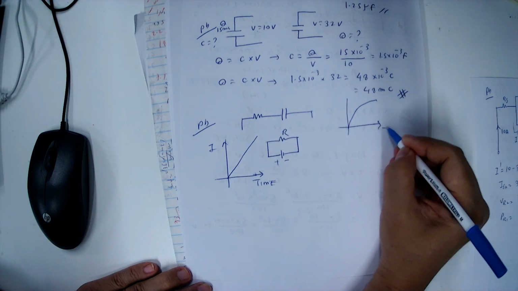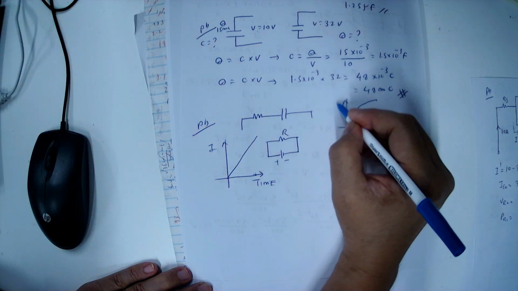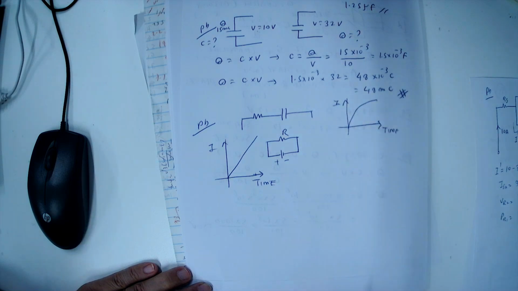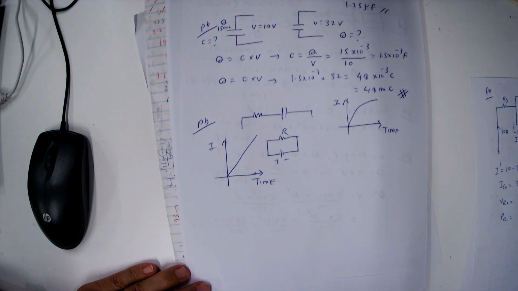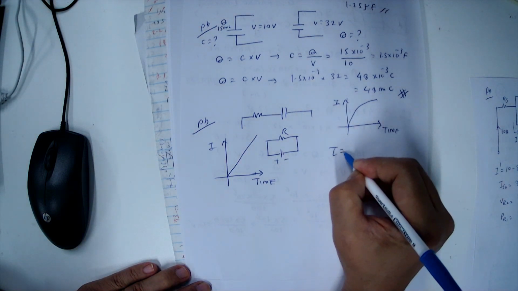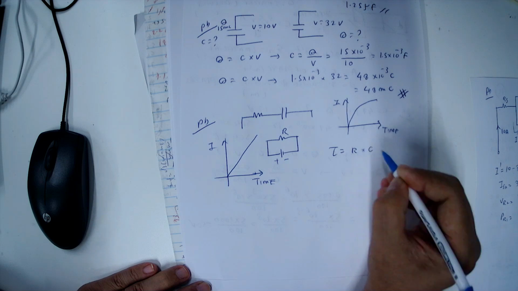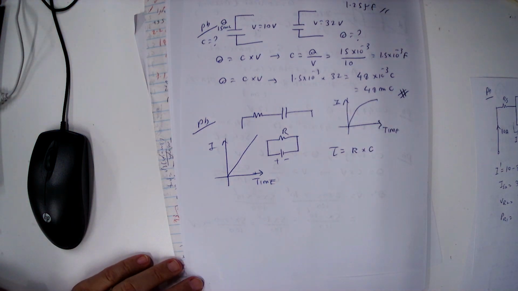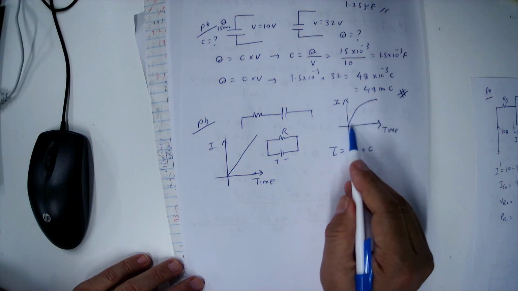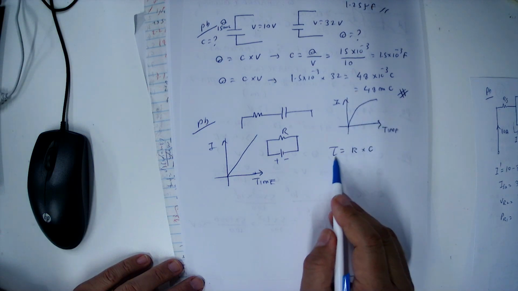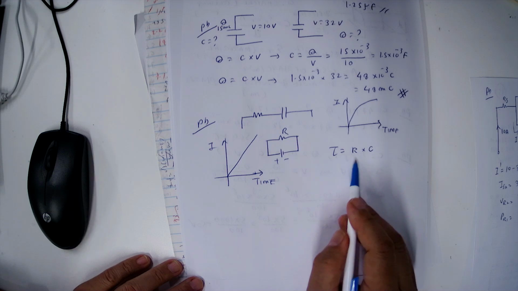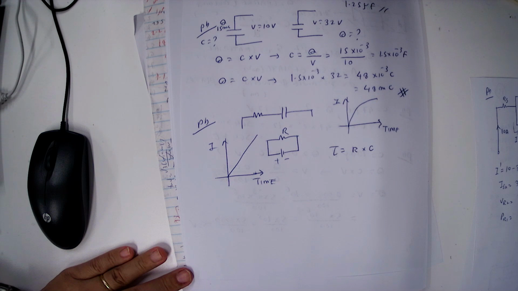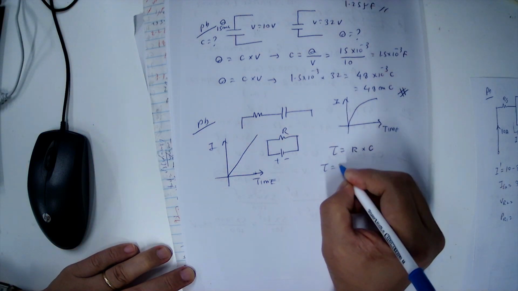So this is why we can make a timer. The time constant tau is equal to R multiplied by C. R is the resistance, C is the capacitance value. So it can take some time to reach a certain point. This we call the time constant. It depends on the resistance and capacitance value. So tau is the time constant.